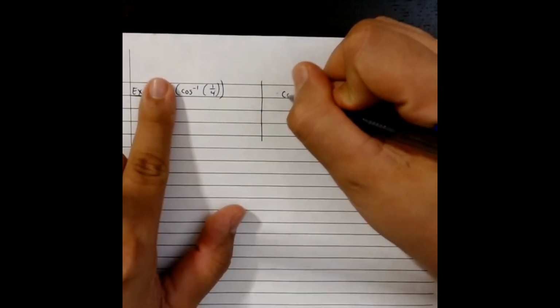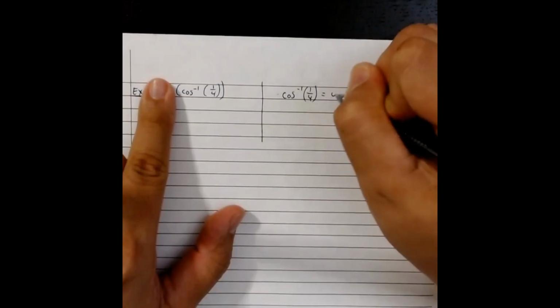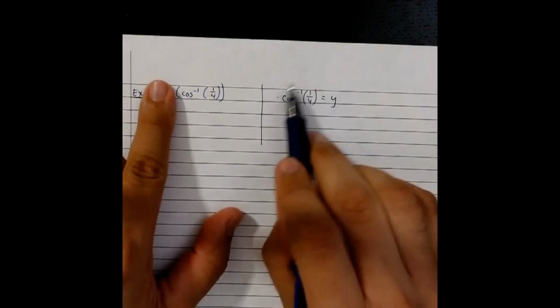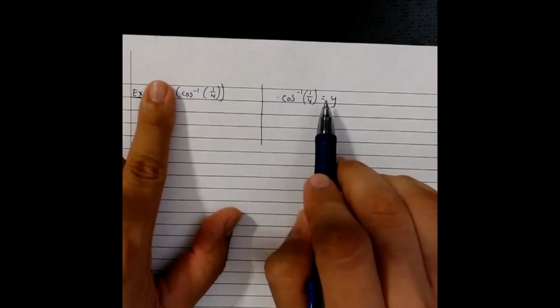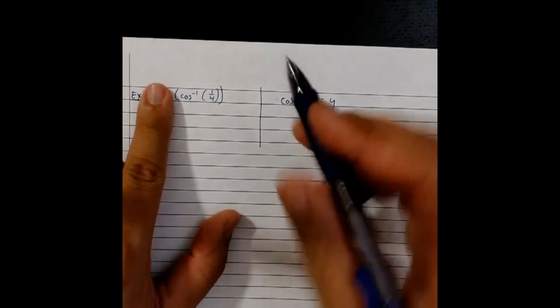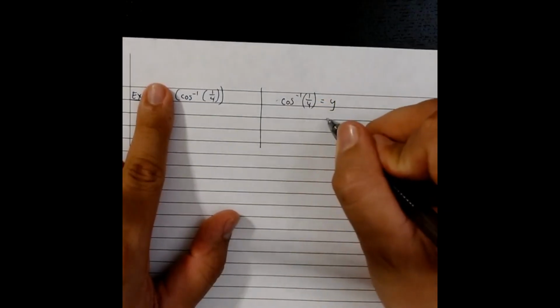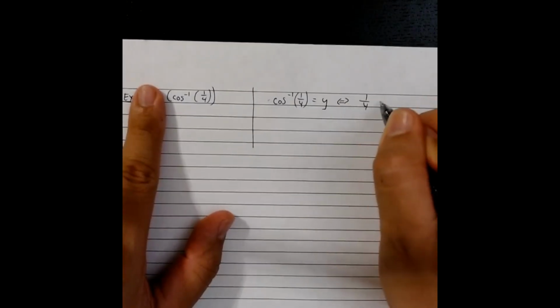If I say I have the cosine inverse of a quarter, that's equal to something, y. That is the inverse cosine of a quarter. Okay, but by our definition, that means that the cosine of y is equal to a quarter.